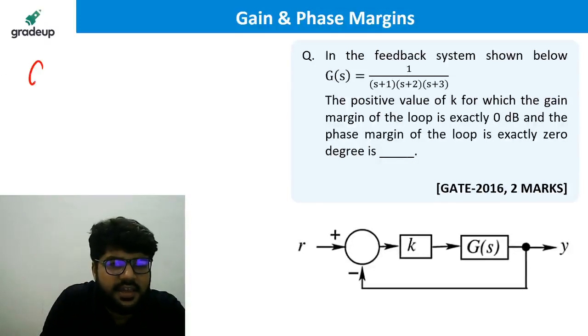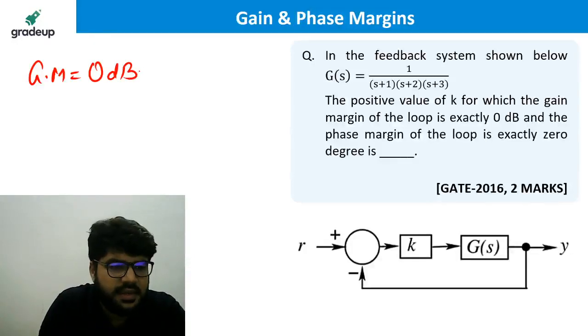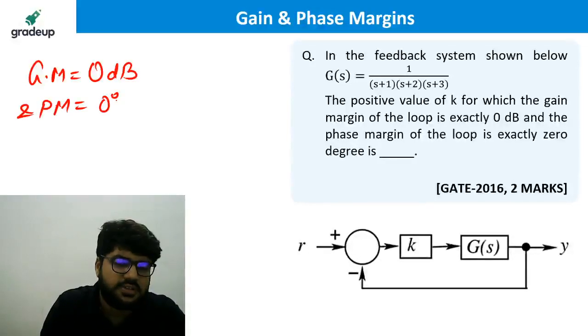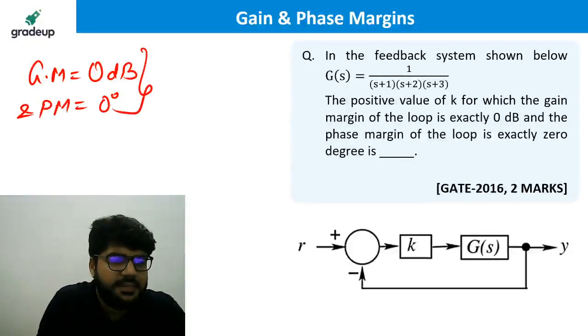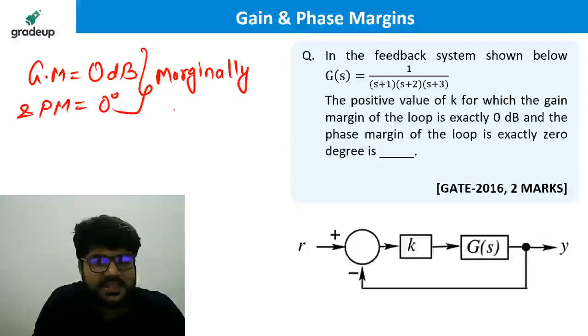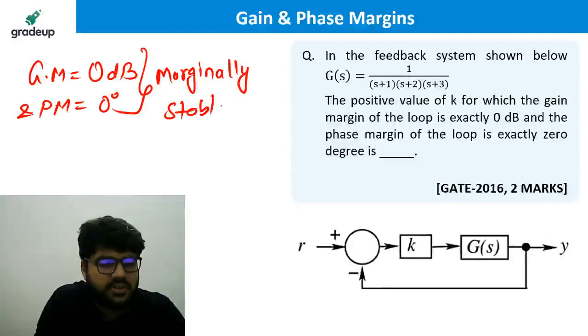Given that the gain margin of the loop is exactly 0 dB, and phase margin of the closed loop system is also 0 degree, that means the system is actually marginally stable. Yes guys, you have come up with the correct answer, also the correct method.